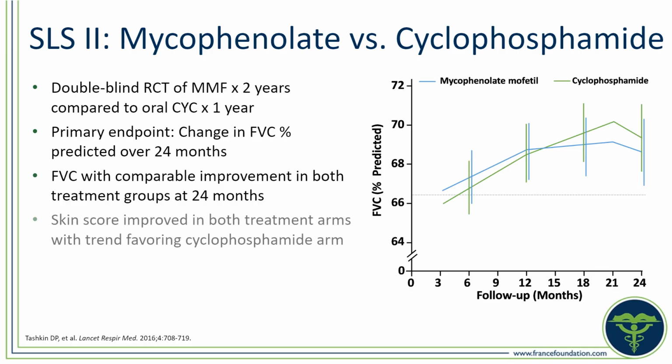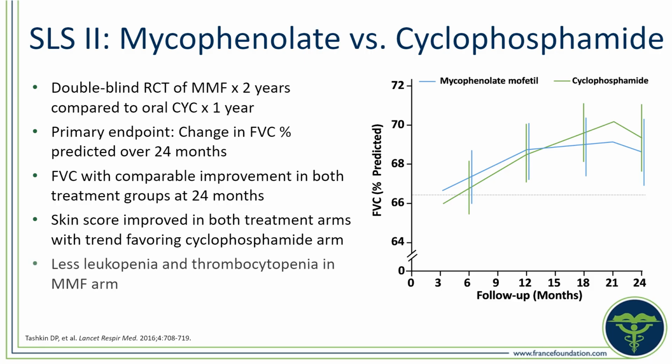Additionally, the skin score improved in both treatment arms, with a trend favoring the cyclophosphamide arm. In the mycophenolate group, there was less leukopenia and thrombocytopenia. And what this study concluded is that both mycophenolate and cyclophosphamide are efficacious for the treatment of SSc-ILD. However, mycophenolate has become the first-line treatment given the side effect profile.